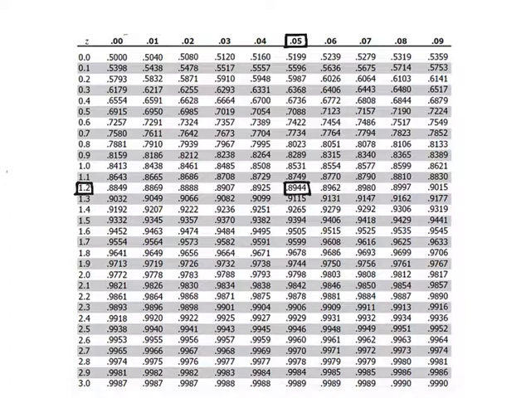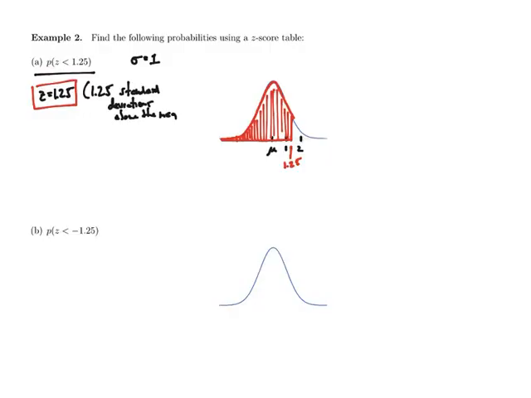So the first column gives us our first two digits, the top row gives us our third digit, and we look at the corresponding value. So 0.8944 is our answer. Note that that corresponds to 89.44%. So 89.44% of the area lies below z equals 1.25.